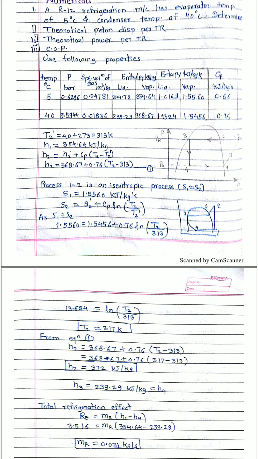As we have shown here, point number 3 lies on the saturated liquid line, and that point number 3 corresponds to the condenser pressure. Our condenser temperature is 40 degrees Celsius. Hence we have to check the property at 40 degrees Celsius for saturated liquid.